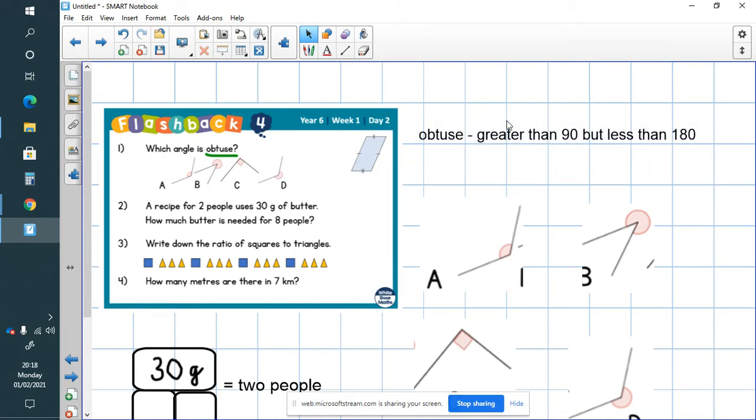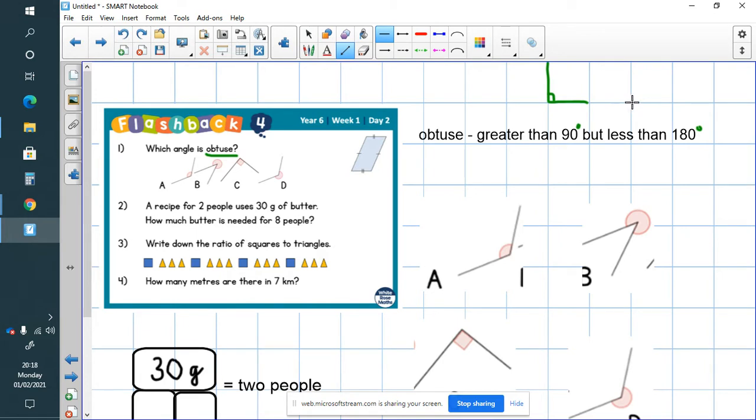Well, hopefully you've remembered that an obtuse angle is an angle that is greater than 90 degrees, but less than 180 degrees. So let's think about just for a moment what that would look like. So we know 90 degrees is the same as a right angle. We know that 180 degrees is a straight line. Not a very straight line there, was that, Year 6?